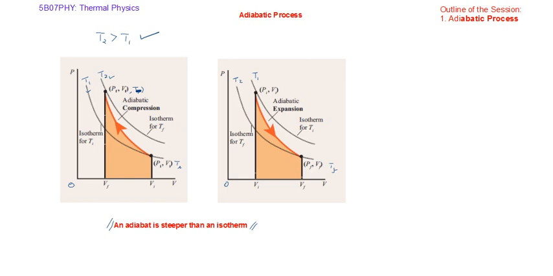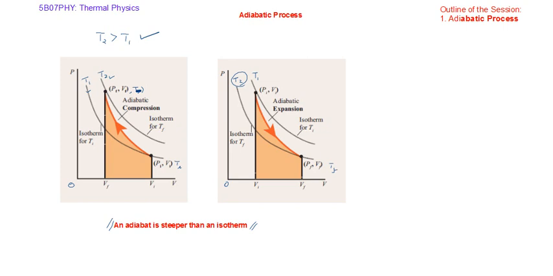So this isotherm, which I have labeled as having temperature T2 or TF, should have a lower value. That is from our knowledge of isotherms, and it also matches the idea of adiabatic expansion, which should lower the temperature. So you can see that the results we have extracted from the graph exactly match our concepts. So that's about the comparison of an adiabat and isotherm once you draw both in the same graph.